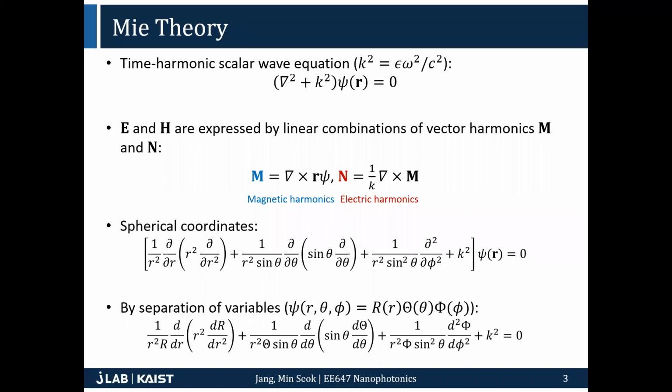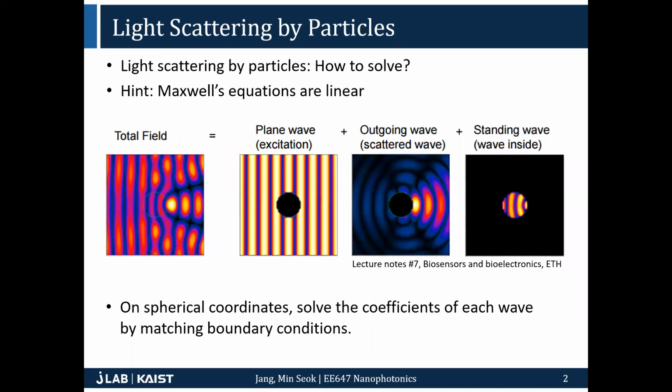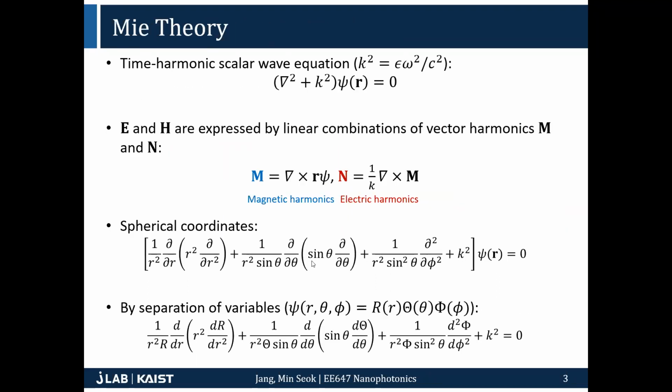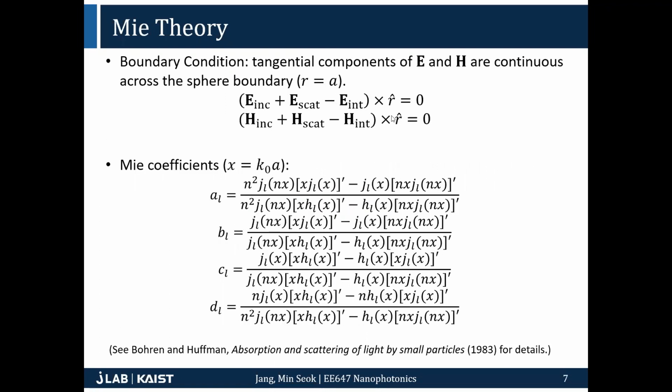The way we do it is we divide our electromagnetic field solutions into spherical harmonics, and then apply the boundary conditions to match the electric field and magnetic field components at the boundary of the sphere.